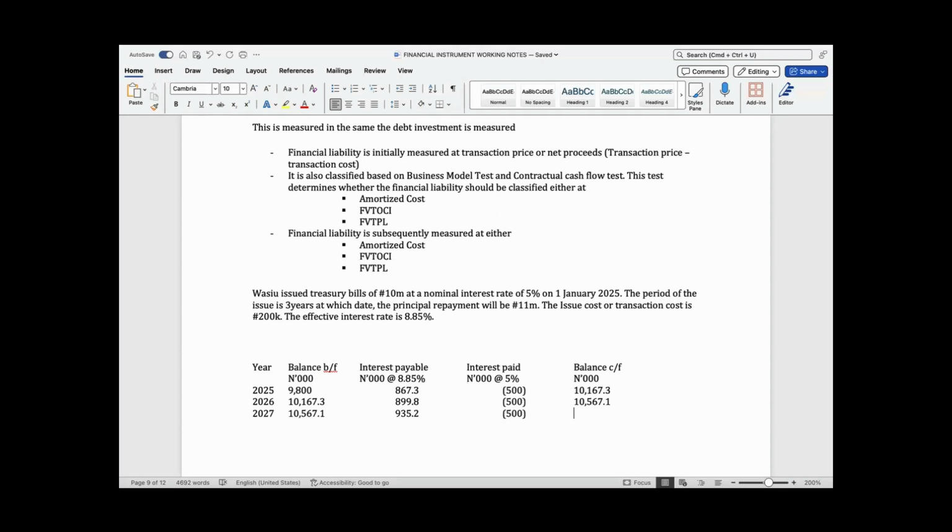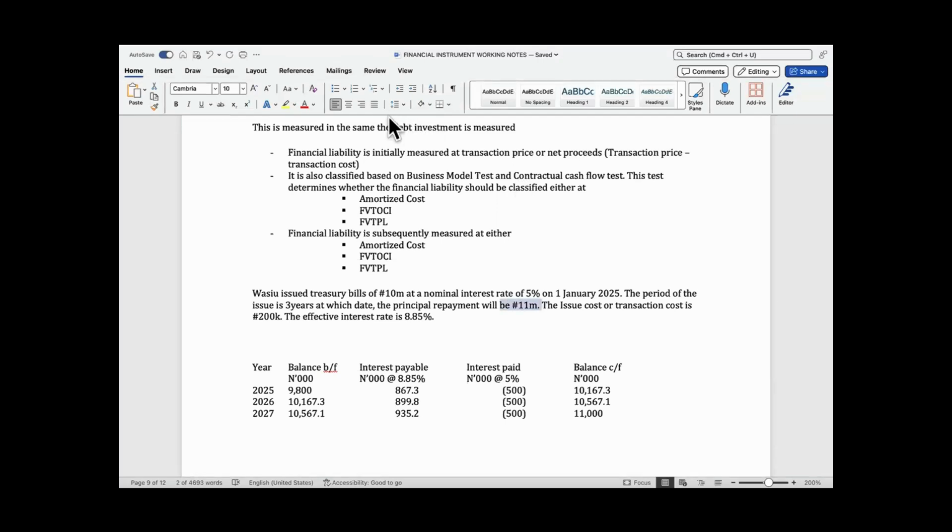That's approximately 11,000, which is still where we want to be, which is what we are going to get paid at maturity. This is what we will pay at maturity. Okay.